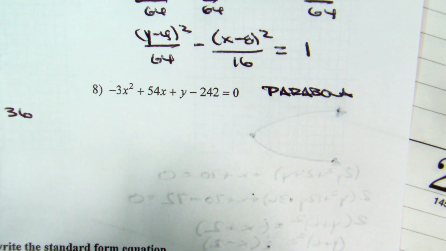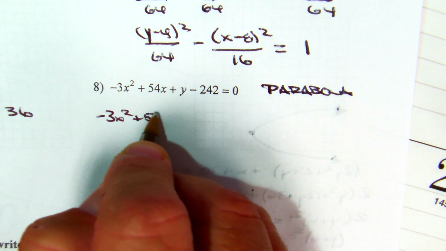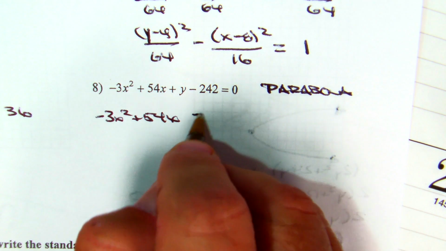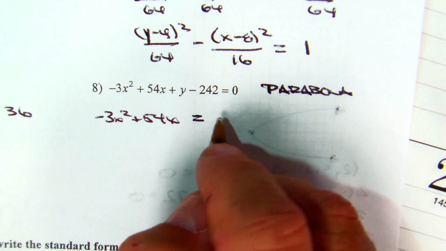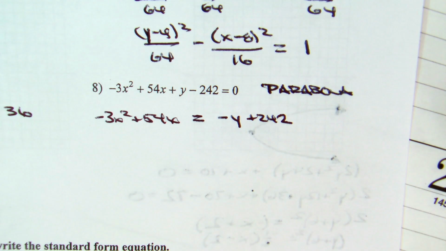Start with my x squared, since that's squared, so negative 3x squared plus 54x. You can, if you want, put everything else on the other side right away. Negative y plus 242, if that's easier for you.